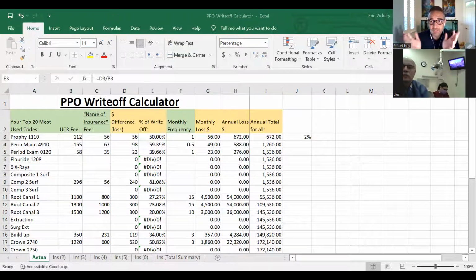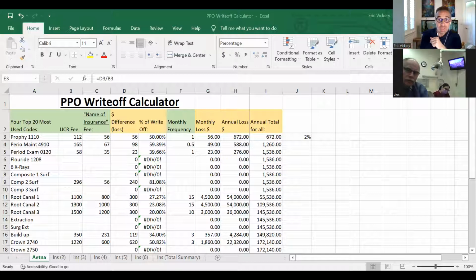You resign from the insurance. Half of them leave, and now you're seeing 4 patients at $100. You're getting $400. So do you want to work harder for less money or work less for the same amount of money?